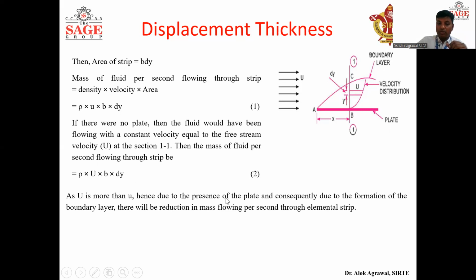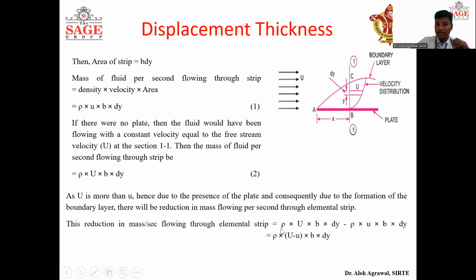So the presence of the plate is decreasing the mass flow rate of the fluid through this elemental strip. So what is the amount of reduction? That will be the mass flow rate without plate minus mass flow rate with plate. So it will be given by rho (U minus u) into b into dy.